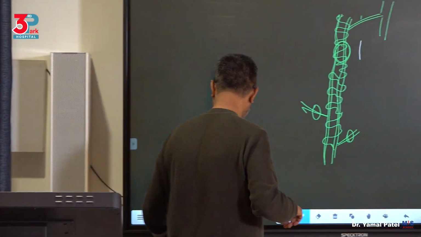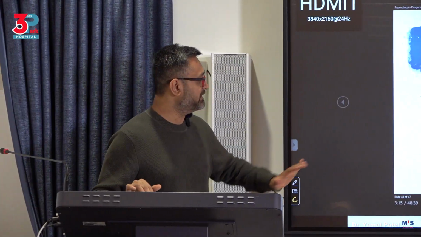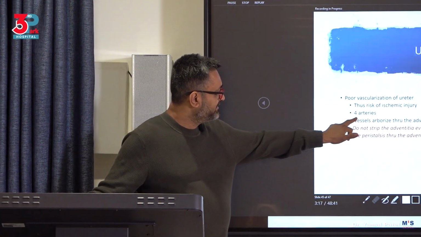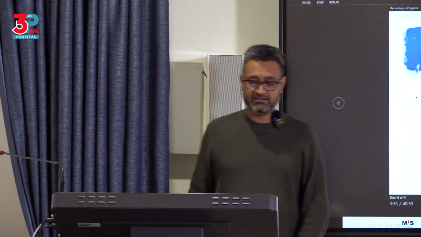So, my point that I was putting forth here, again, anatomically, this is the important thing. There are only maybe four or five major vessels that actually give blood supply to the ureter. The renal artery, you get it. The iliacs, internal iliac, the uterine gives it, you get it. But they have a lot of arborization in the adventitia.